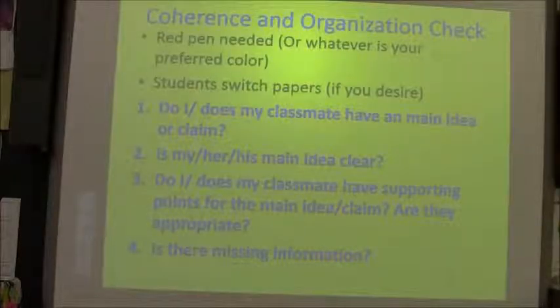You would also want to make sure they're not using those no phrases that we gave them in the packets, such as, in my opinion, I'm going to talk about, those type of phrases that don't add anything to an essay because they're not saying anything.